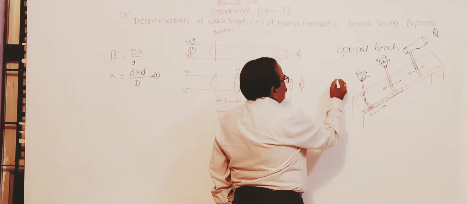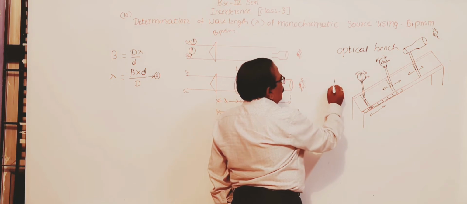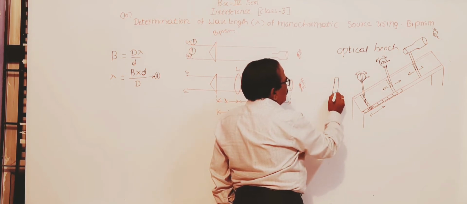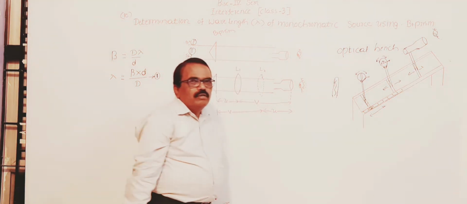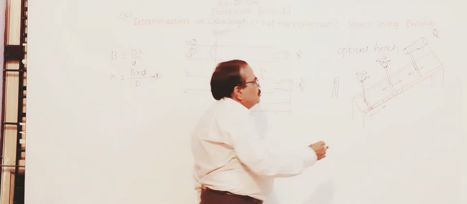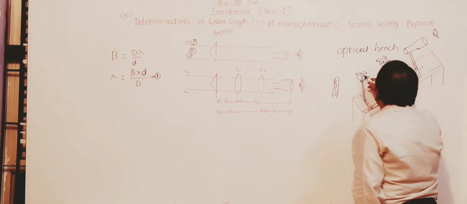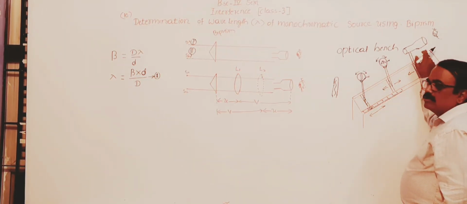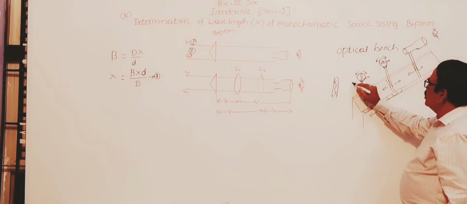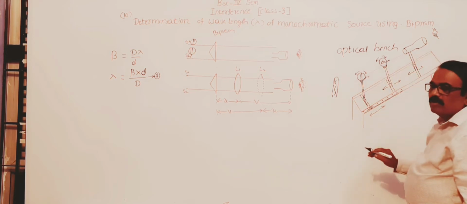Then the source of light whose wavelength has to be determined is placed here. And first all these three are adjusted at the same height. In other words, they are coaxial, same height.